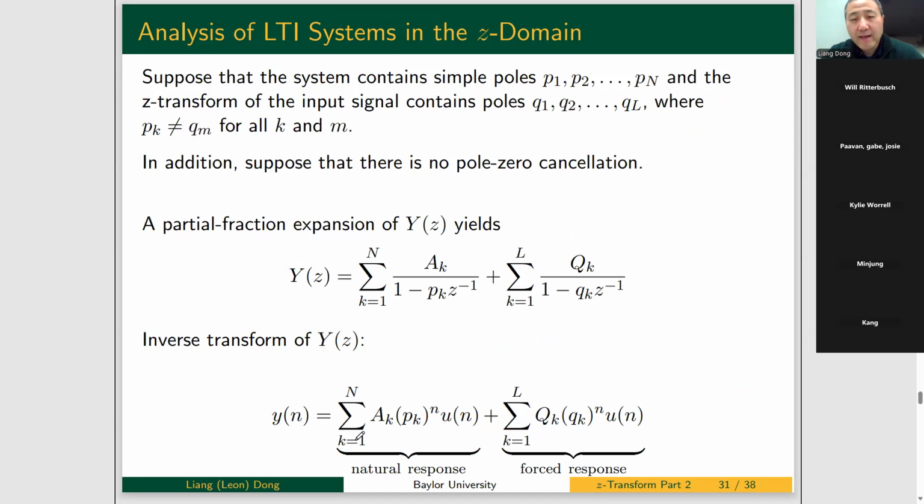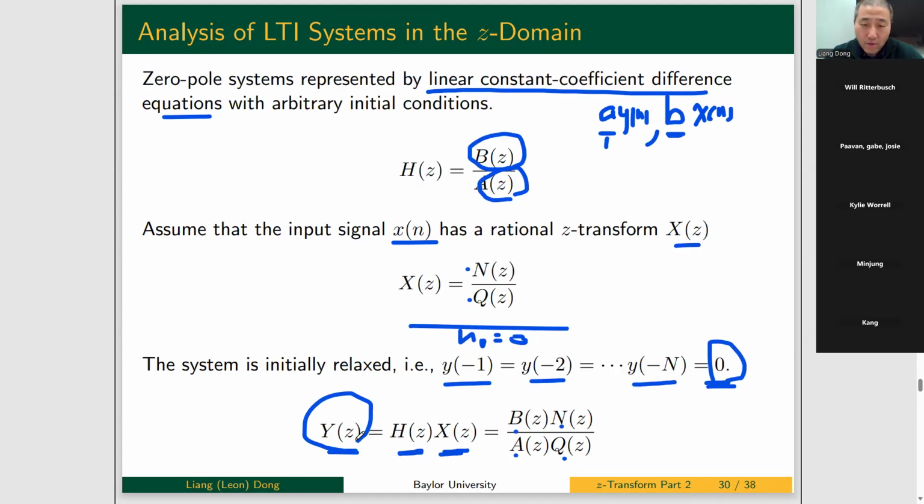Suppose the system contains simple poles, meaning distinct poles p1, p2, all the way to pN. These are the poles of A(z), the poles of my system.